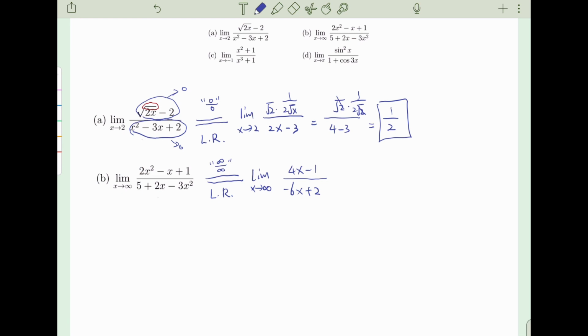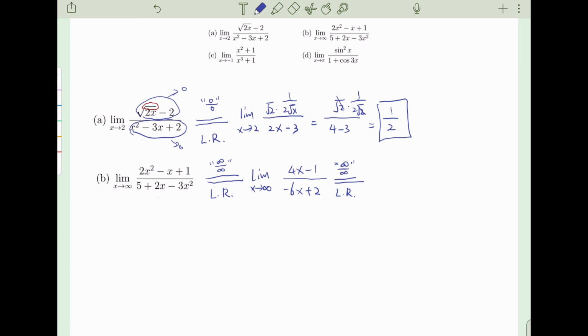And still, if we want to solve it, you see that the numerator and the denominator are both still going to infinity. So now it's still of this type, so I am allowed to use the L'Hopital rule again, right?